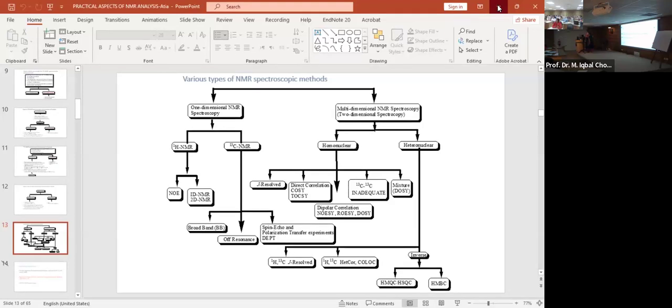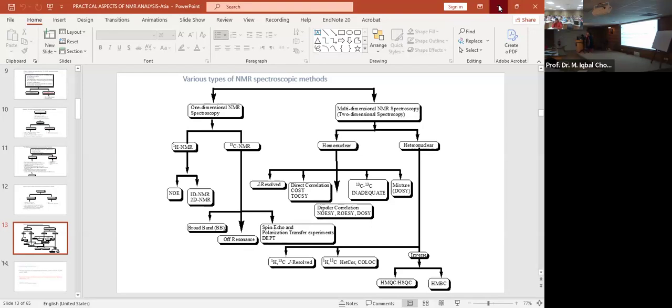The remaining are room temperature probes. When we have a cryoprobe, why would we need to install the room temperature probe? Can you upgrade a room temperature probe to a cryoprobe? Yes, you can always upgrade.